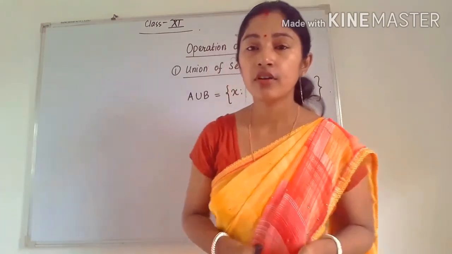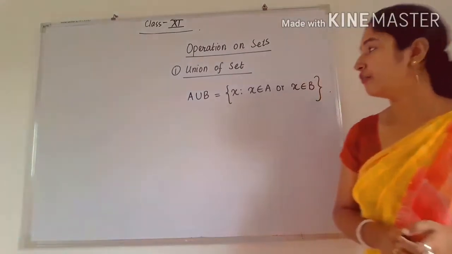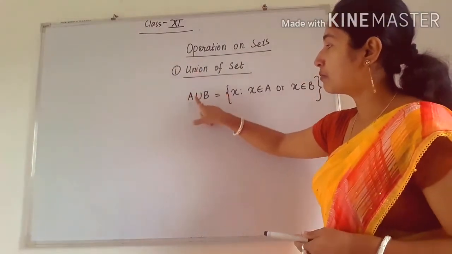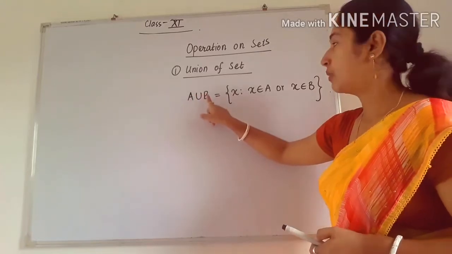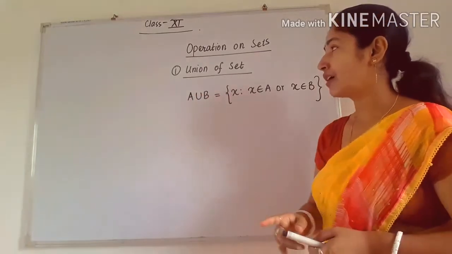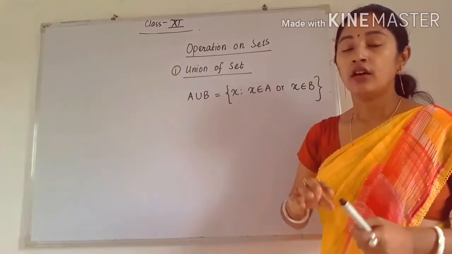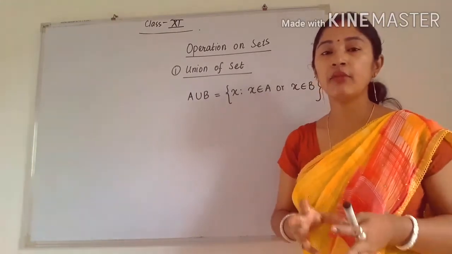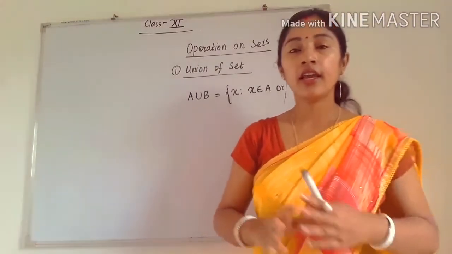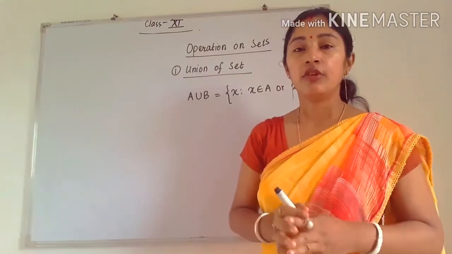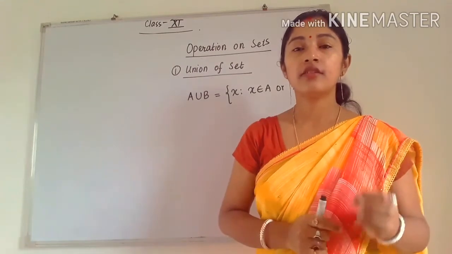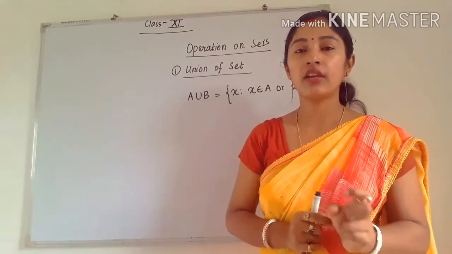So the first operation is union of sets. Union is denoted by this symbol ∪. And what happens in union? The union of two sets consists of all the elements of A or B. For example, set A consists of 1, 2, 3 elements and set B consists of 5, 6, 7 elements.